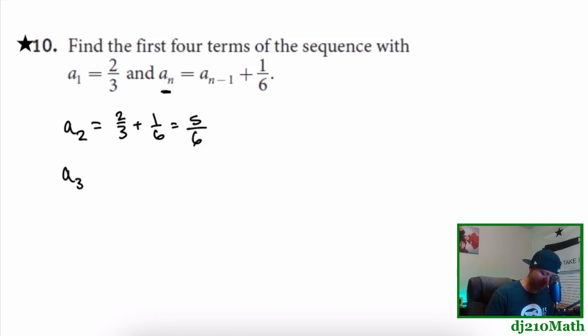A sub 3 is going to be the previous term, so 5/6 plus 1/6, which is 6/6, which is 1 basically.